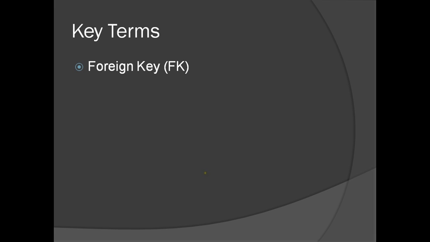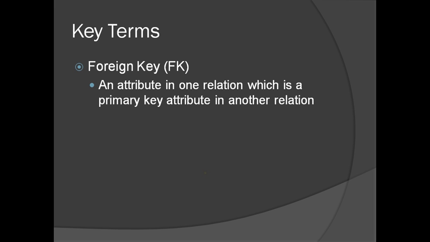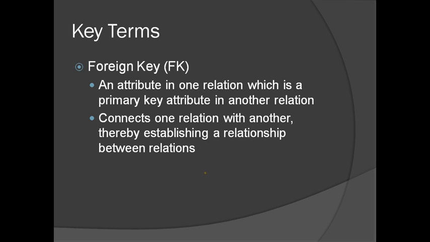Now let's have our fourth key term. Foreign key or FK. A foreign key is an attribute in one relation which is a primary key attribute in another relation. It connects one relation with another, thereby establishing a relationship between relations.